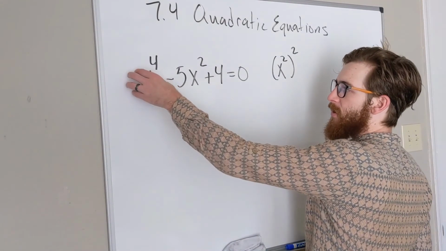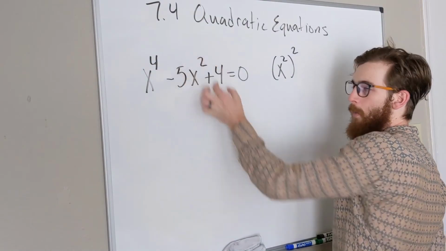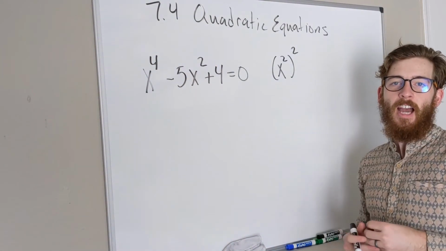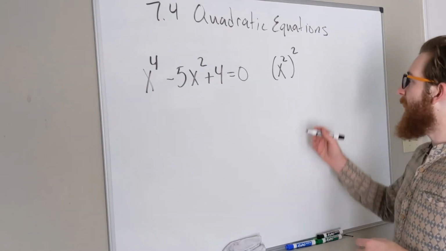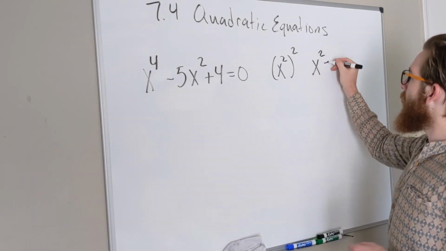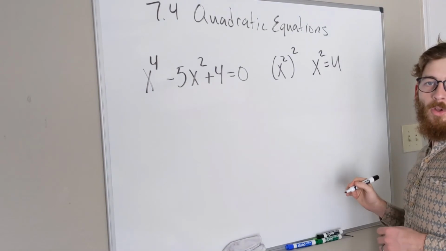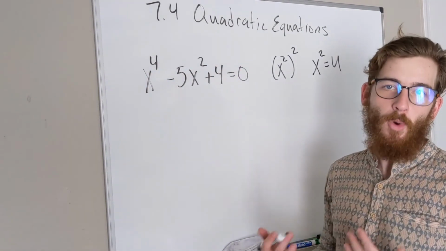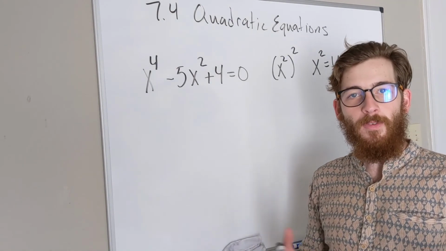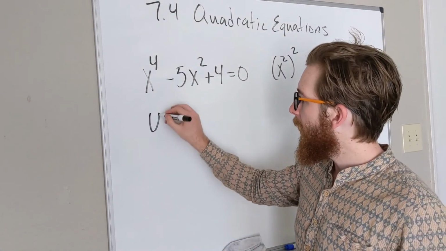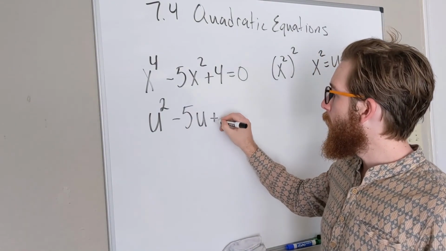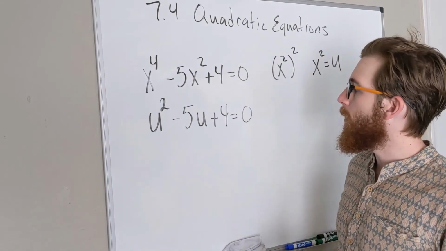So if I have x squared squared and x squared, I really have a quadratic type function. So if I let x squared equal u, then I can replace these values and get something that looks more like what we've done before. For example, u squared minus 5u plus 4 equals 0.